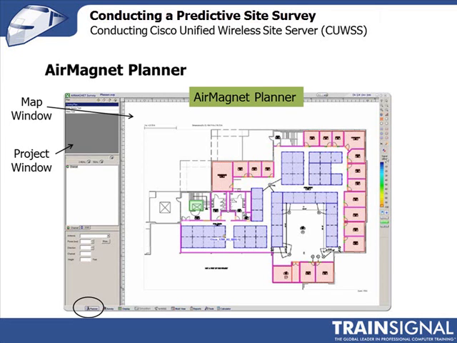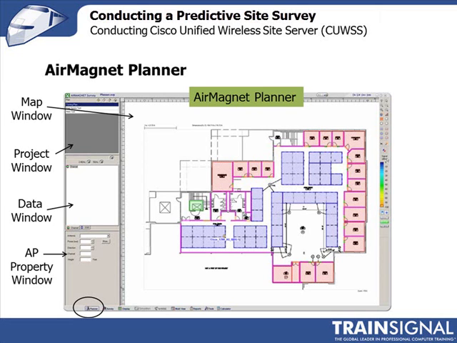So if I have multiple site plans that I want to go through, if I want to save them and delete them, I do that in the project window. Then I have a data window, and the data window is really where I'm managing my access points. So I can see what channel those access points are operating on, what the SSIDs are, etc. So it gives me my view of the access points that are on the site plan.